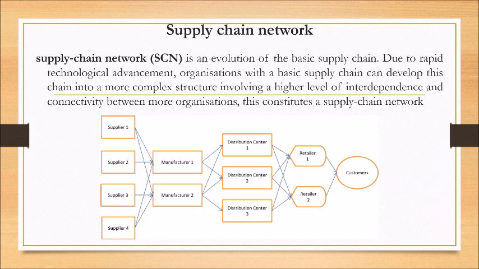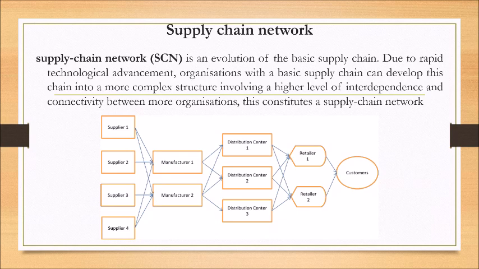So let's see actually what is a supply chain network. Due to rapid technological advancement, organizations with a basic supply chain can develop this chain into a more complex structure involving a higher level of interdependence and connectivity between more organizations. This constitutes a supply chain network.